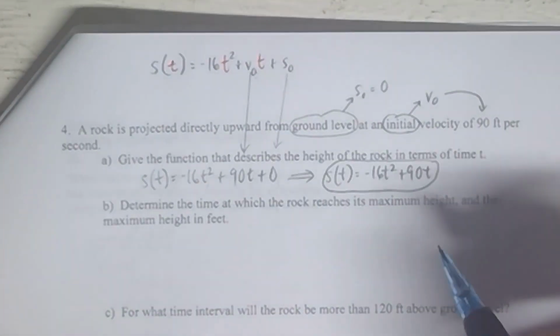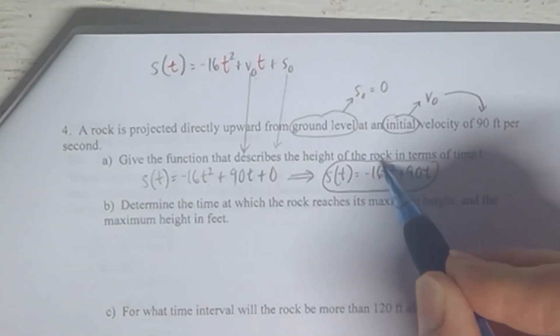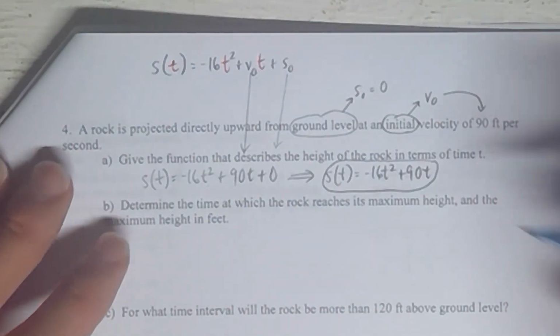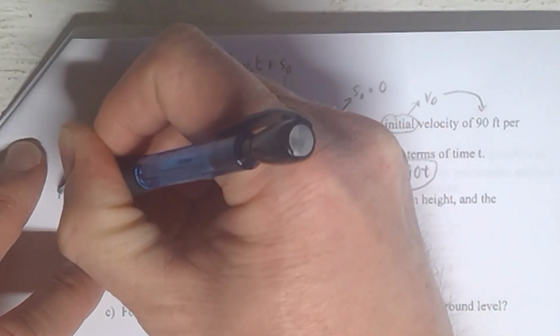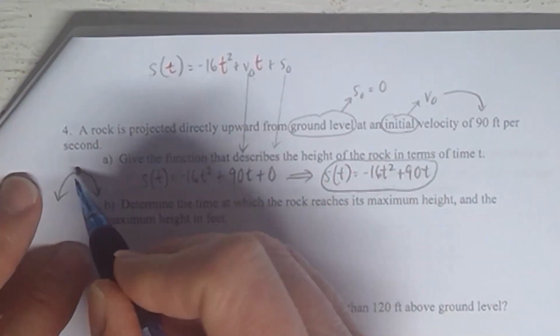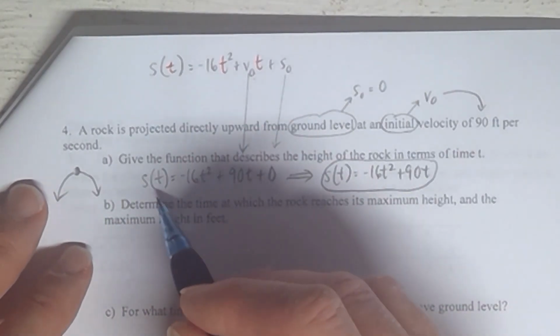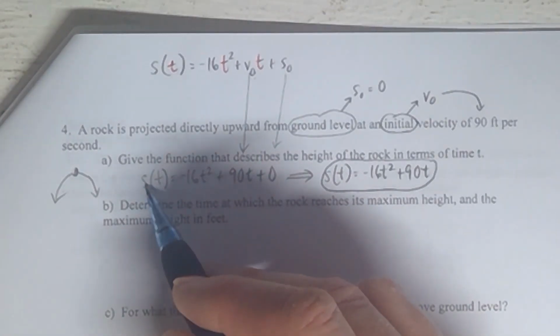Now because of that, and because of the fact that the a number is negative right here, it's going to be one of those upside down parabolas if you were to graph it, and therefore there will be a maximum y value. We want to know what that maximum value is because the function, I know this is usually called f, but s is the same thing.